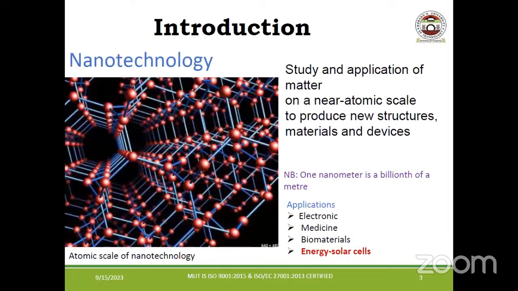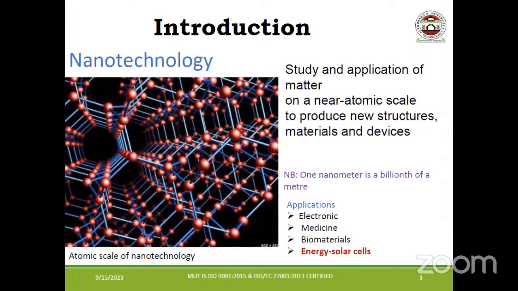In the introduction, we are dealing with nanotechnology. So we are synthesizing nanomaterials for nanotechnology. What is this nanotechnology that we are trying to research on? We are looking at the study and application of matter in a near atomic scale.